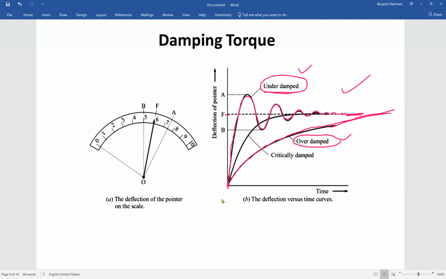Ideally speaking, we are expecting an instrument with no overshoot or undershoot, where the pointer reaches the final steady state position quickly. This mechanism is called the critically damped system. So ideally, the damping system is supposed to be critically damped.